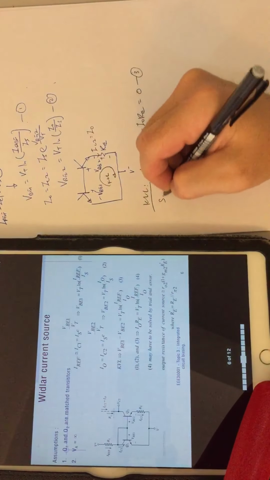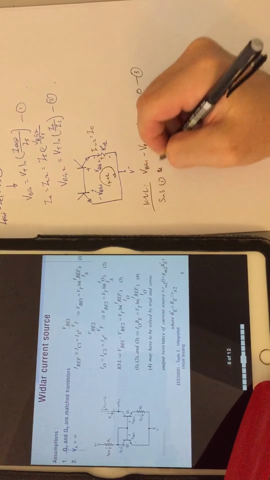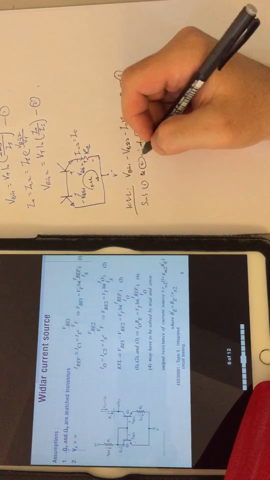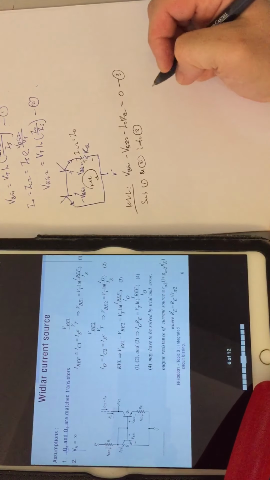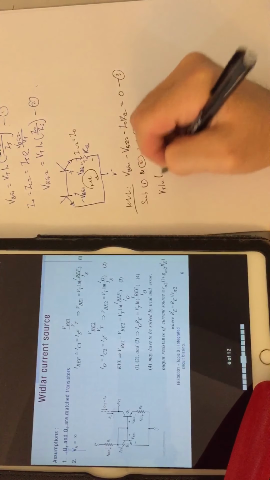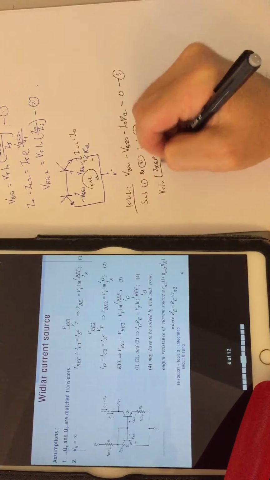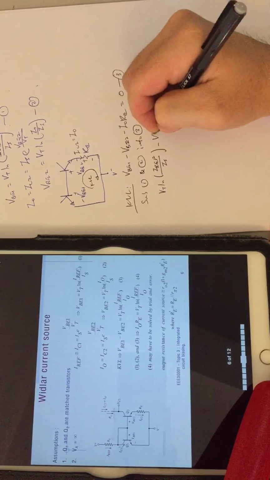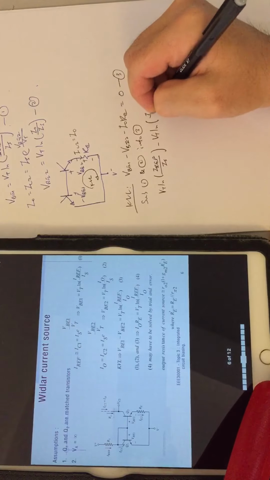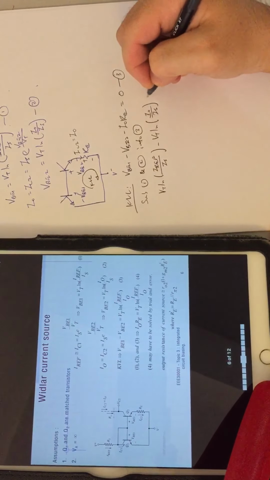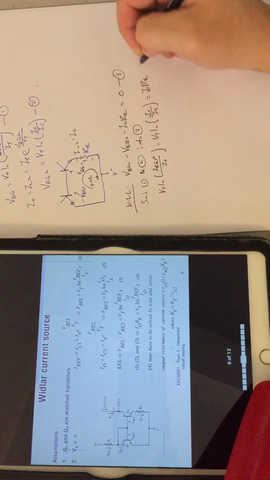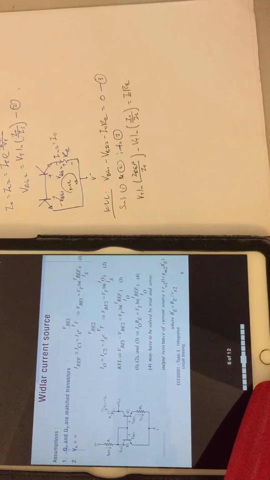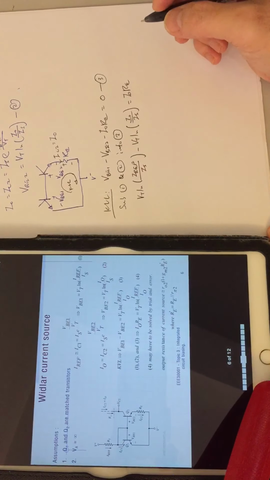So we may substitute equations 1 and 2 into equation number 3. That is VT ln of I reference over IS minus VT ln of IO over IS equals IO multiplied by RE. Try to simplify this equation.